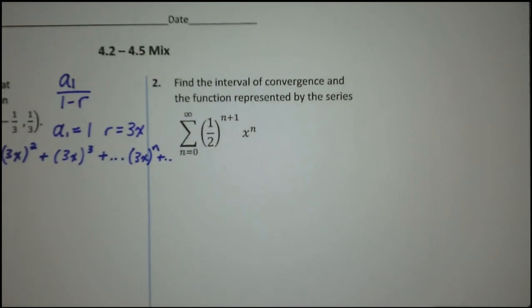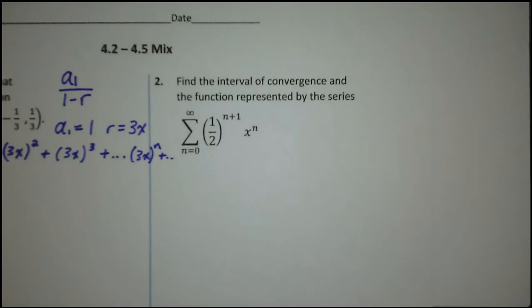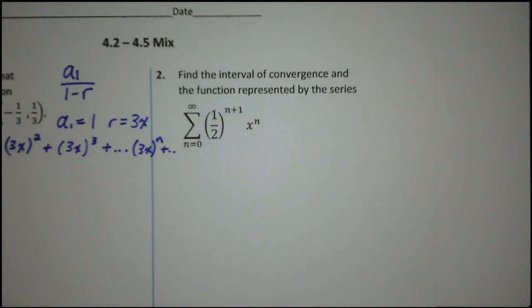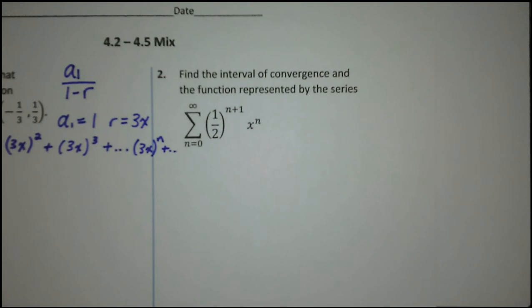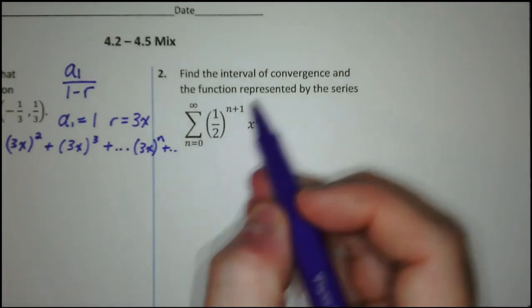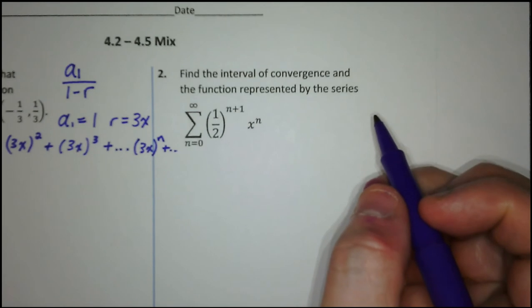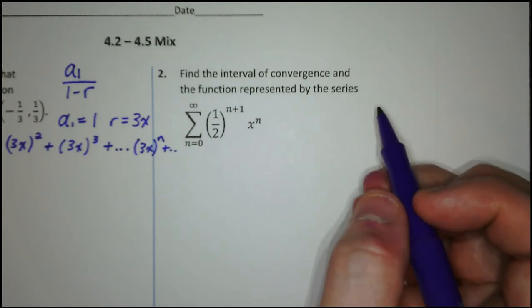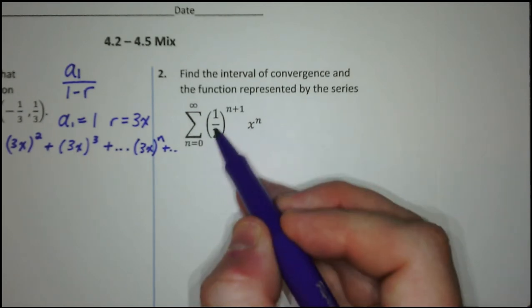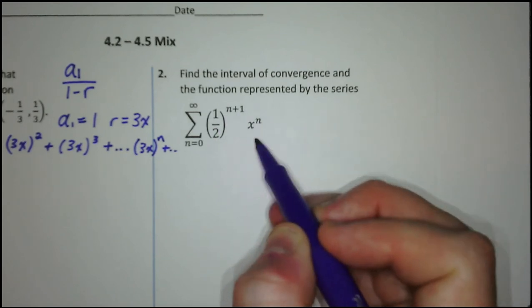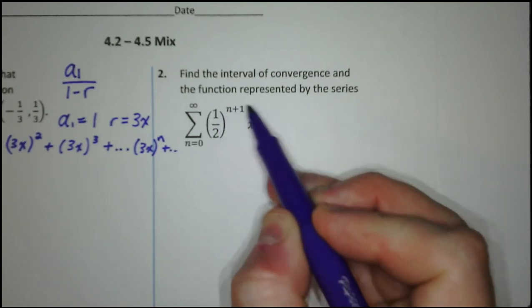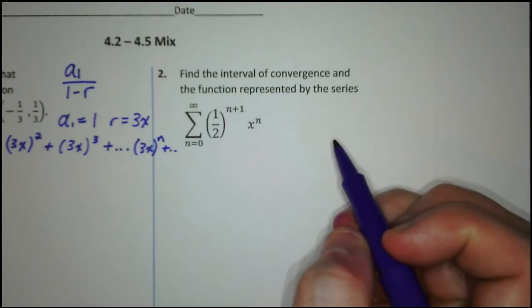Number 2, find the interval of convergence and the function represented by this series. So we could go with the ratio test, right? But I'm looking at this and I can tell that this is geometric.